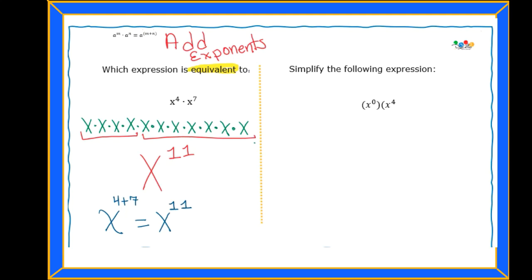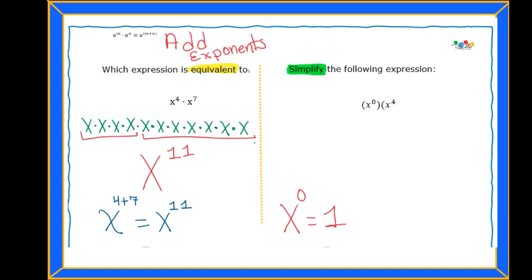Okay, let's do the next question. The next problem says, simplify the following expression. One of the things I need you to remember, hopefully you do, is what happens anytime you raise anything to a 0 power. No matter what I raise to a 0 power, I will always get a 1, no matter what it is.